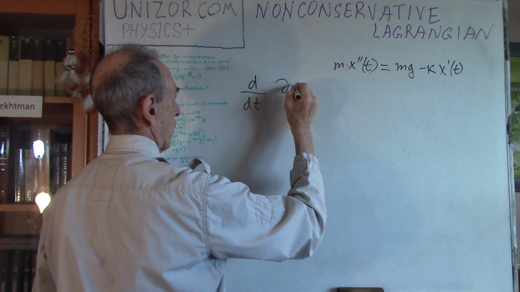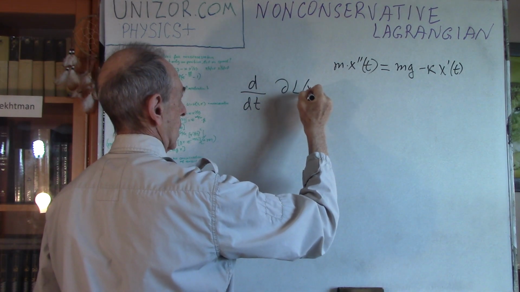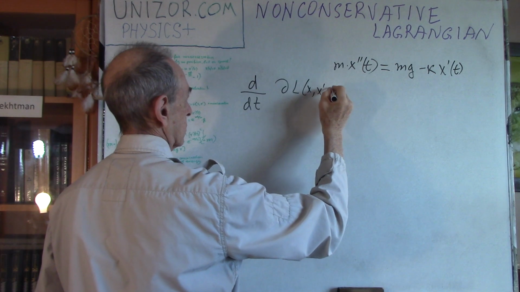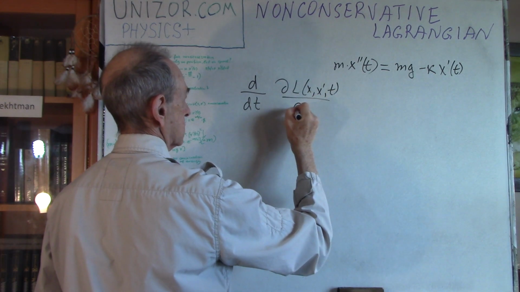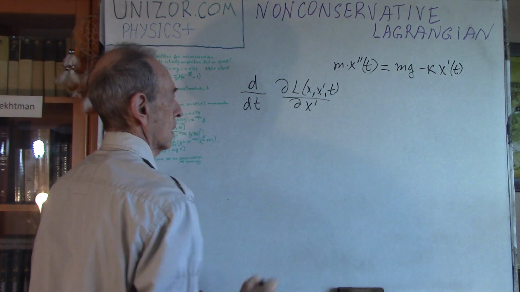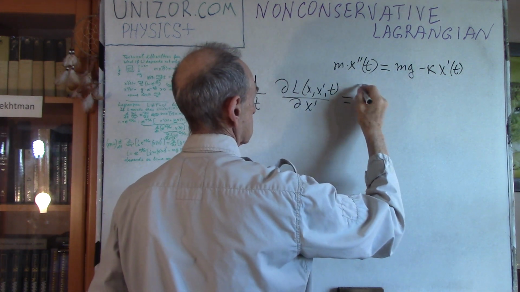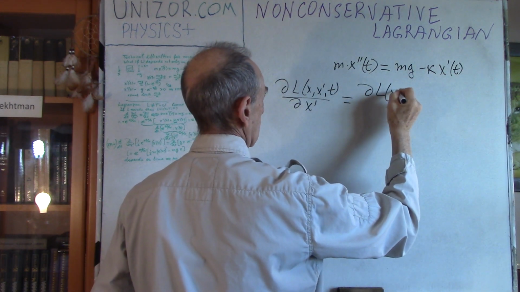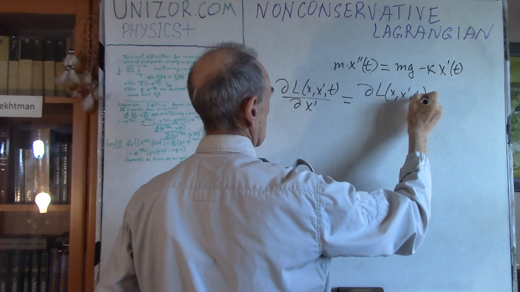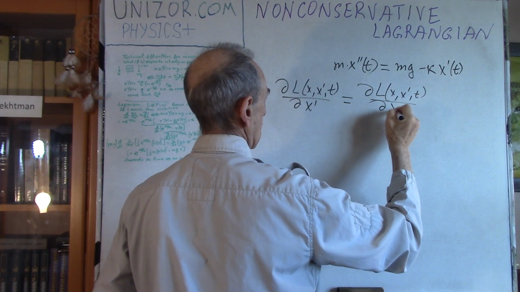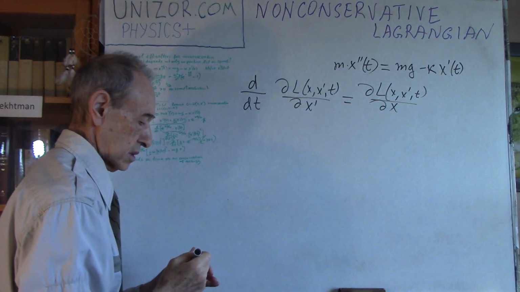Of the partial derivative of L(x, x', t) by dx', equals dL(x, x', t) by dx. So this is my Euler-Lagrange equation.